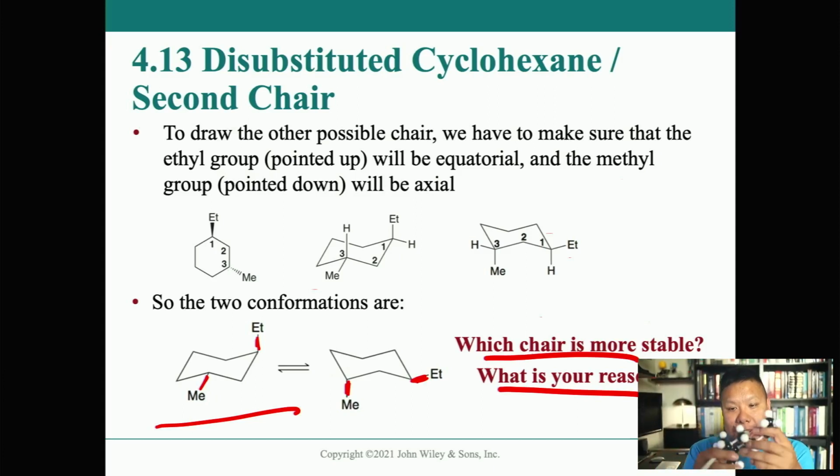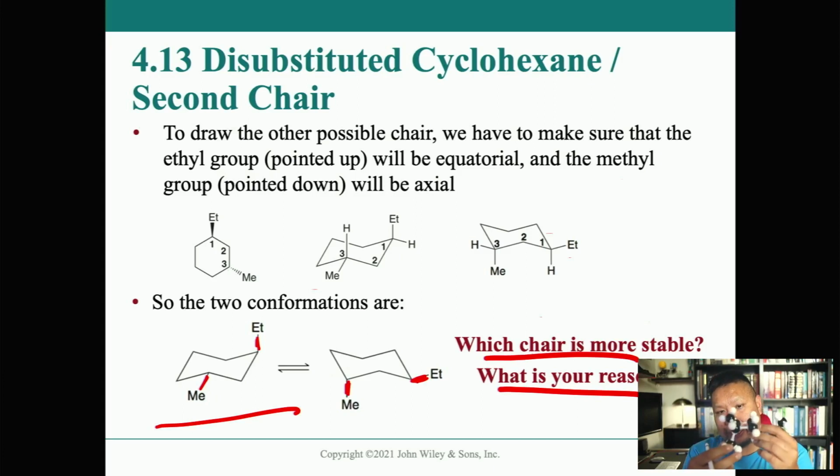So which one's more stable? It's the one with the largest number not there, which is the equatorial group being the ethyl group, right? Because that's 8 when it's in the axial position, and there are no diaxial interactions when it's in the equatorial position.